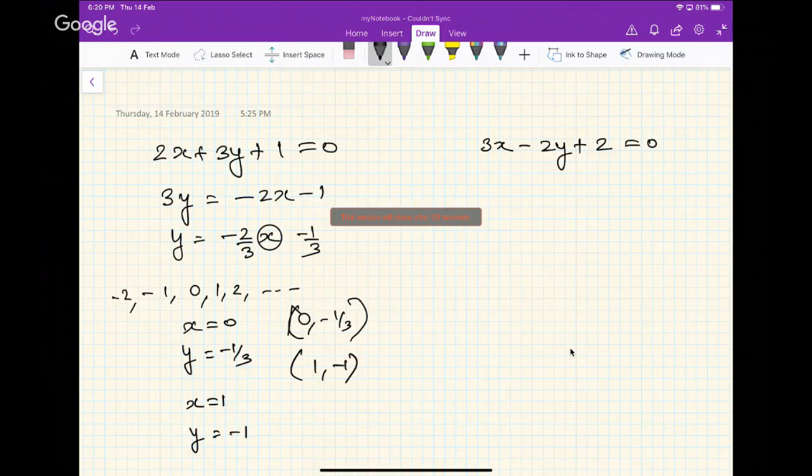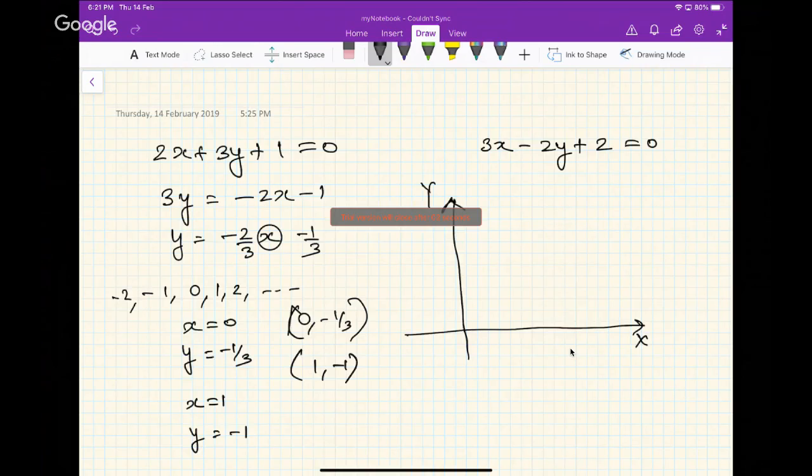So what next? You simply need to plot x and y on a graph paper. They will give you a graph paper. Plot 0 comma minus 1 by 3. I'm not doing it with scale. When you do it, you have to do it using scale and graph paper.